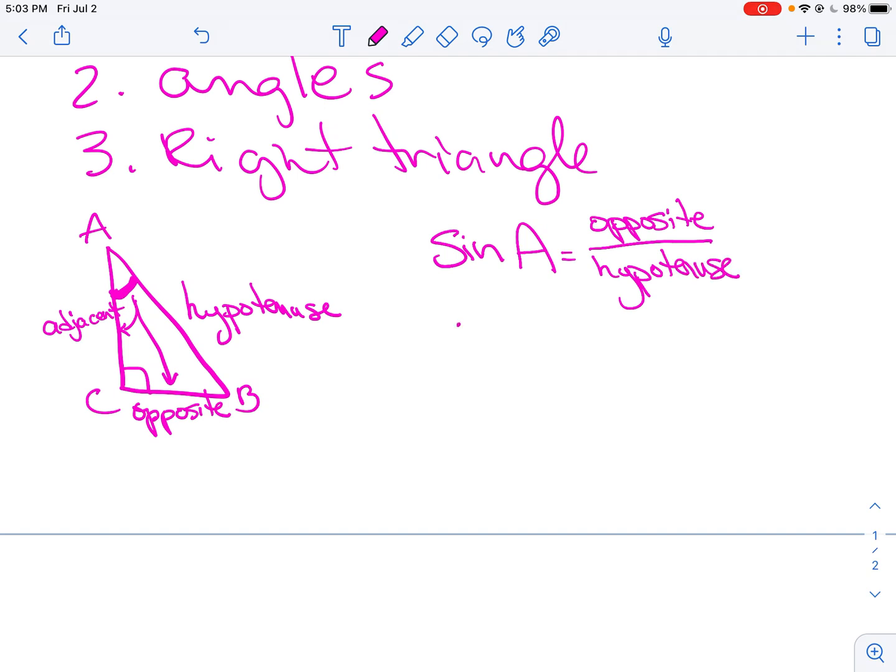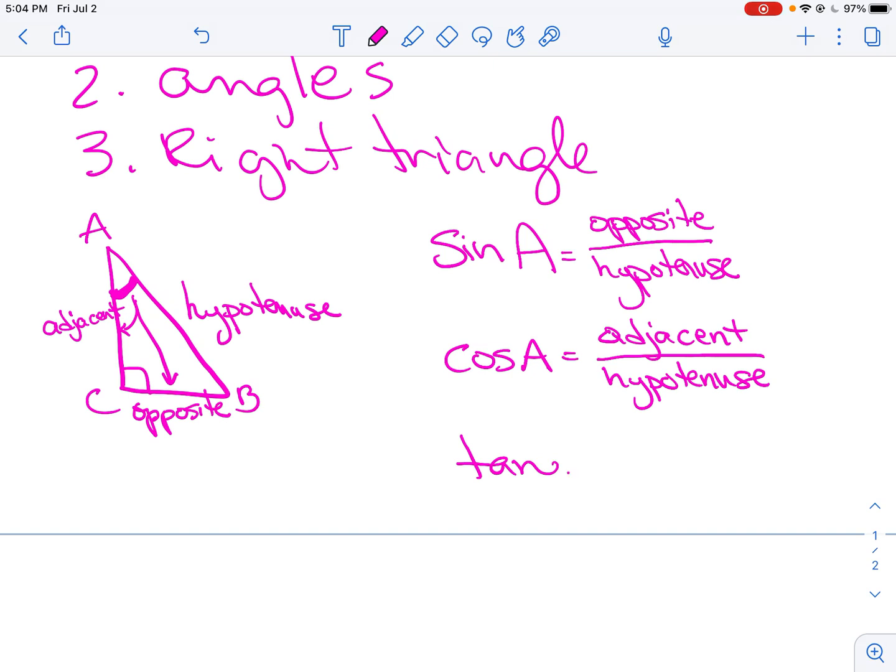Okay? If I'm talking about cosine of A, we would be talking about the adjacent leg over the hypotenuse. And if we're talking about the tangent of A, we would be talking about the opposite over the adjacent. The opposite over the adjacent.